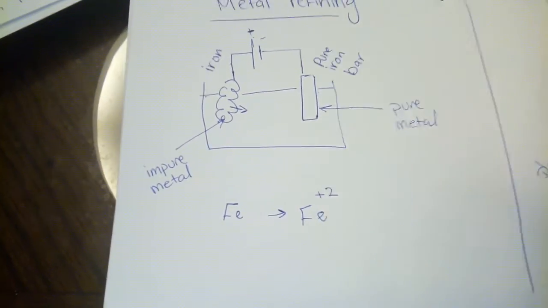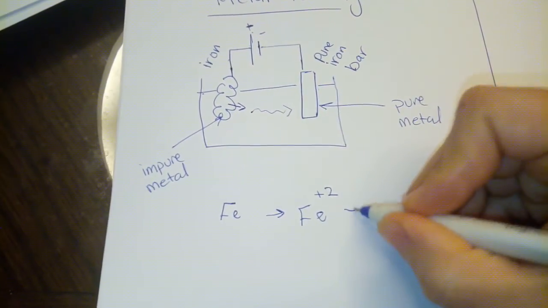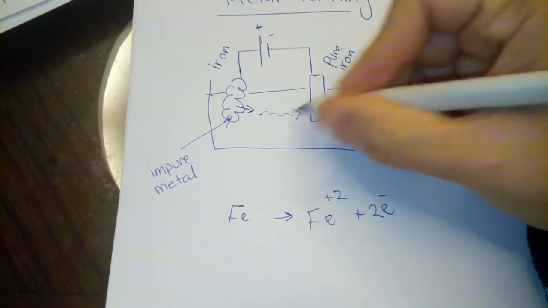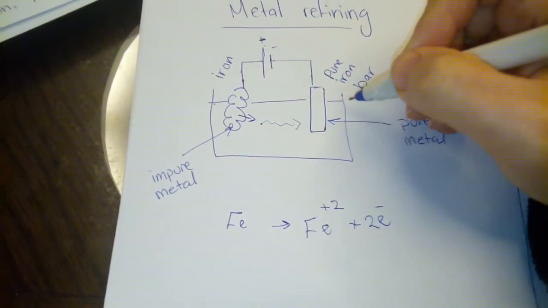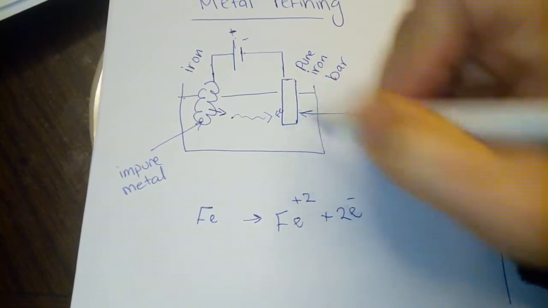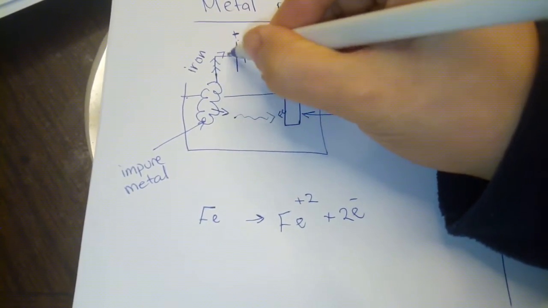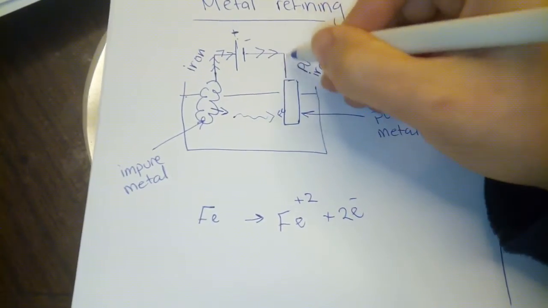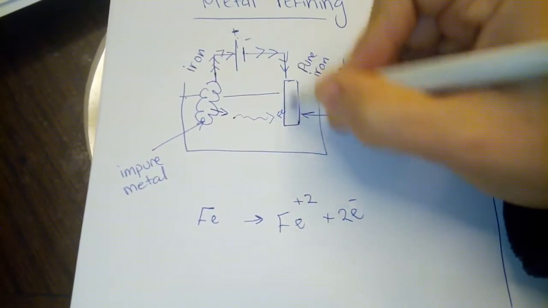Those ions will move through the electrolyte until they reach what? They reach the cathode, because the cathode is negatively charged. The electrons that were lost will start their movement through the wires like this, until they reach the cathode.